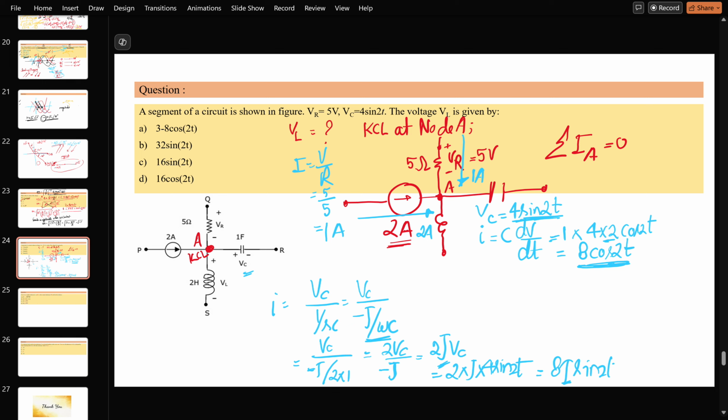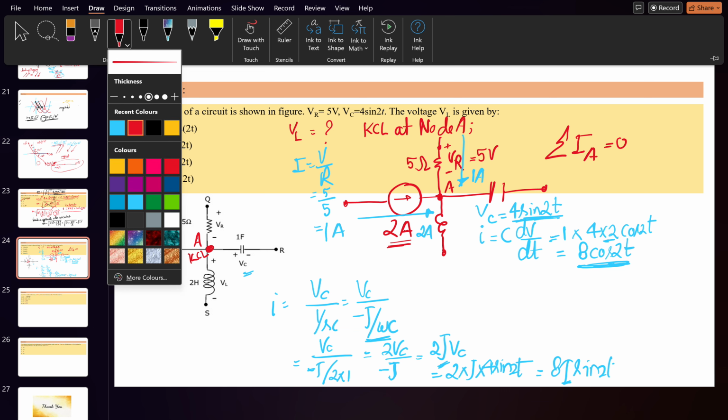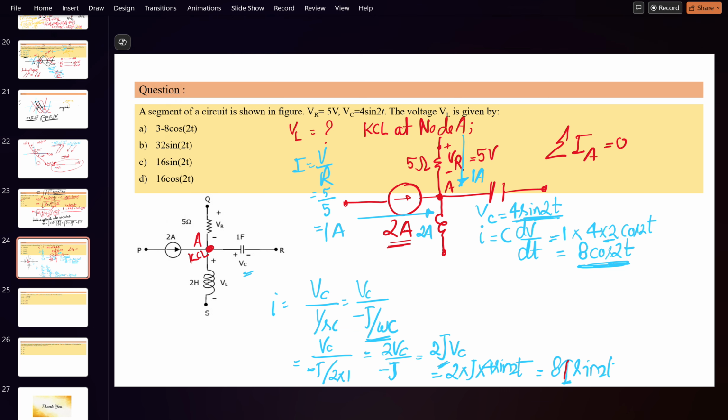Got the point? But we are getting sine and you got cos, sir? Yes, because j is there. Whether you take cos or sine as a reference, when you multiply by j it rotates 90 degrees anti-clockwise.